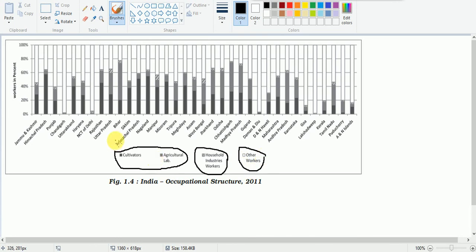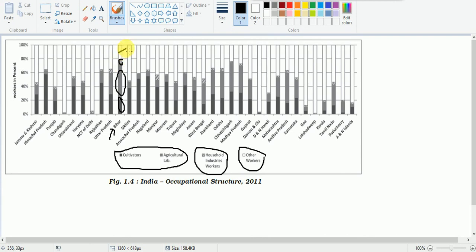See states like Bihar, Bihar is here, which has a very high proportion of cultivators and agricultural laborers, and a very small proportion of industrial workers and other workers.